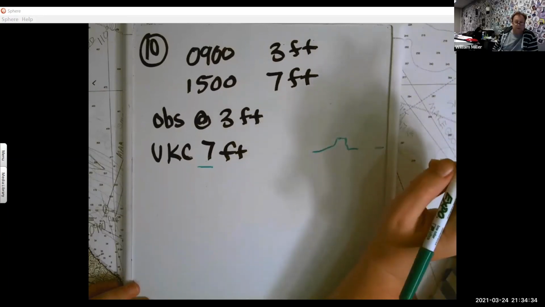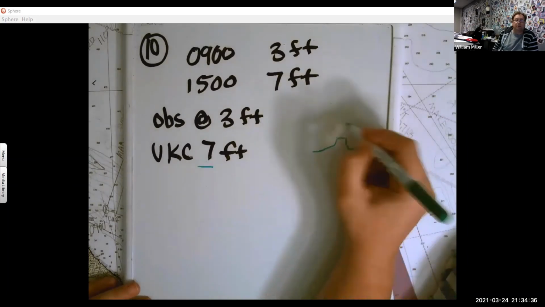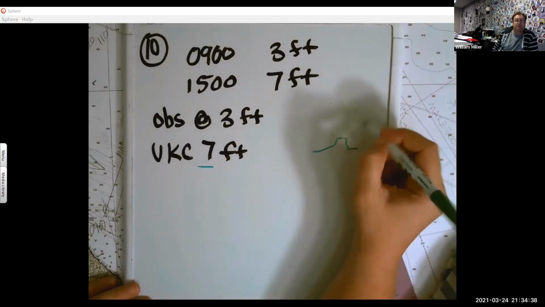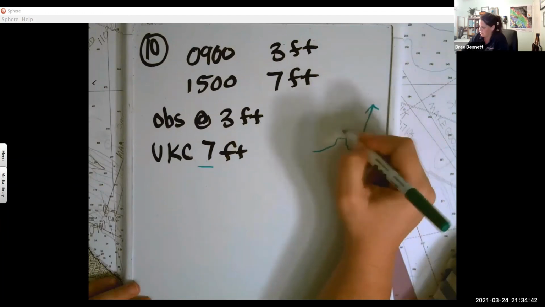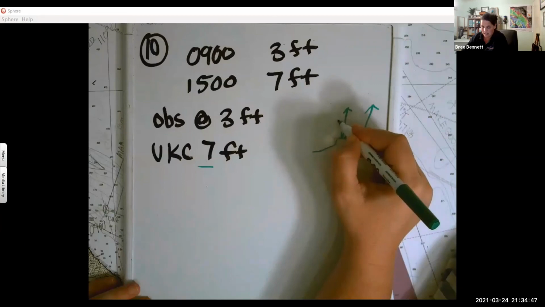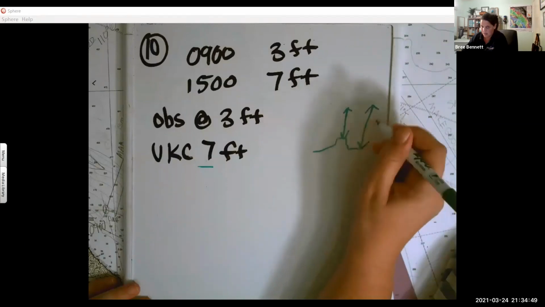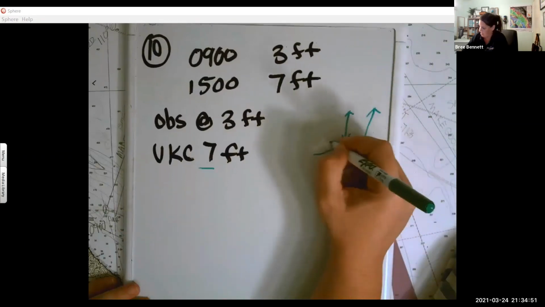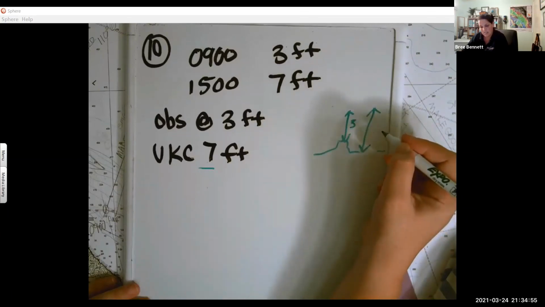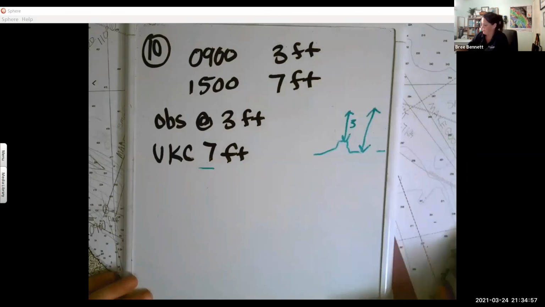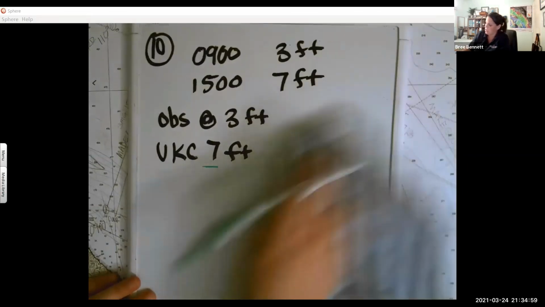Well, don't use that chart, the obstruction as the depth of the water right there at the obstruction. Somehow I've said this obstruction is 3 feet. Again, poorly written question.